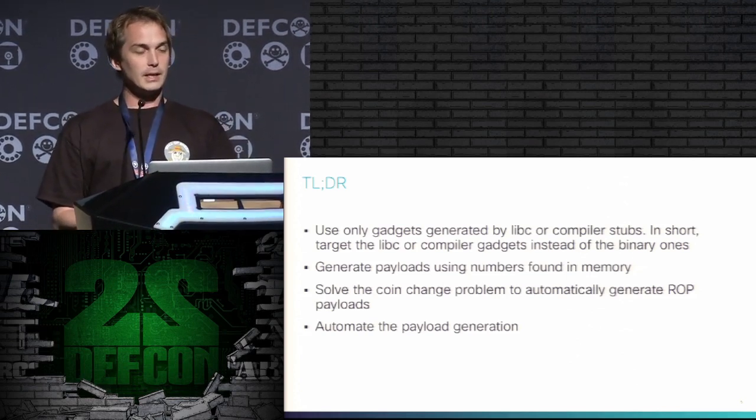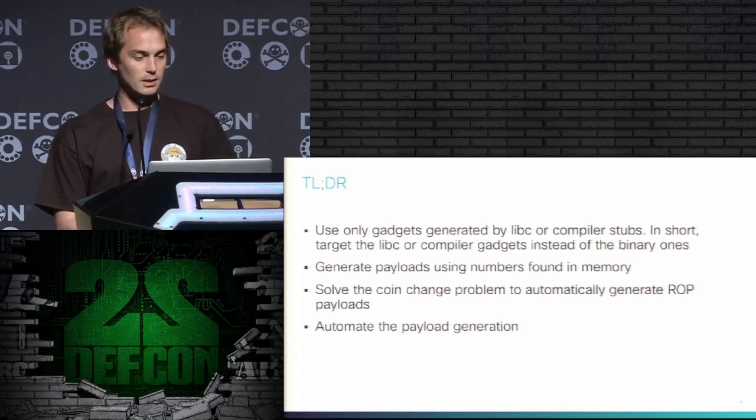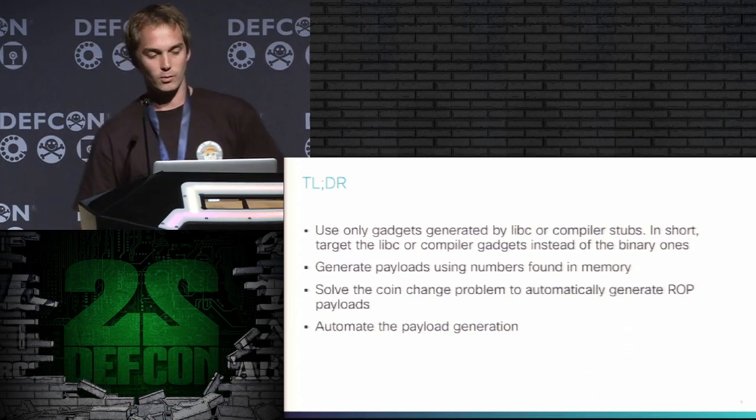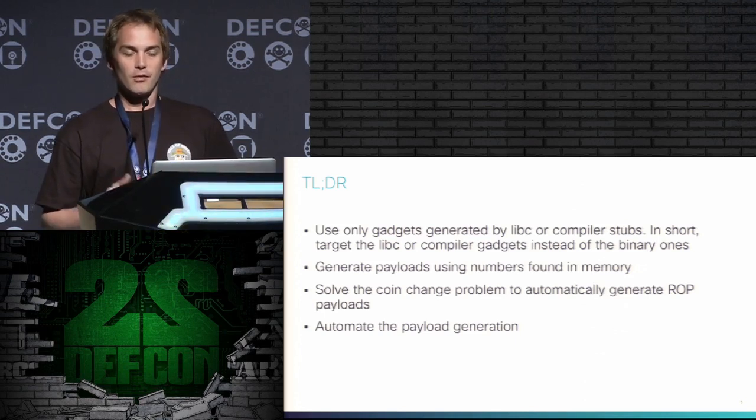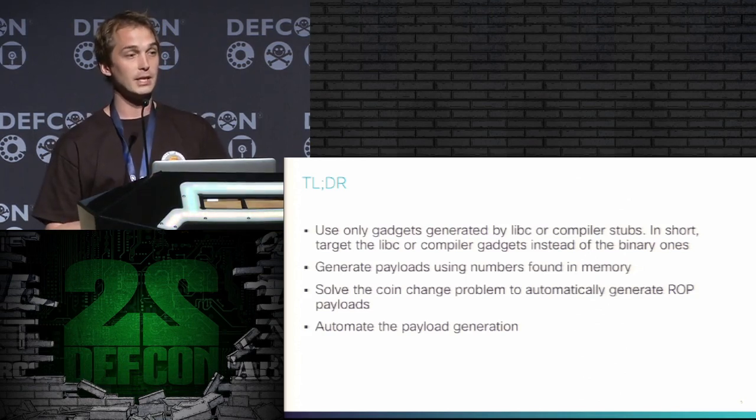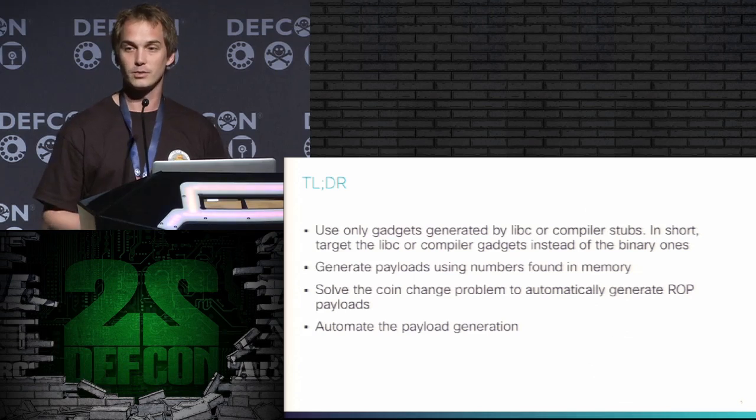I'll just come back a bit on what I wanted to achieve also. What I wanted to achieve was to only use gadgets from the compiler or libc stubs. As I was saying, when you look for gadgets and instructions, you're going to get your program to use them.